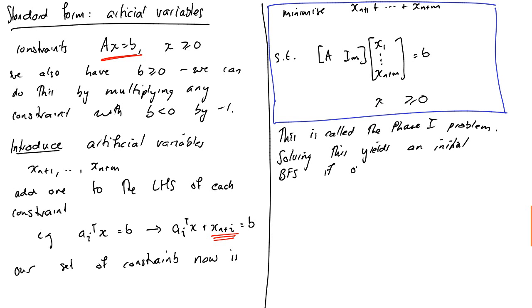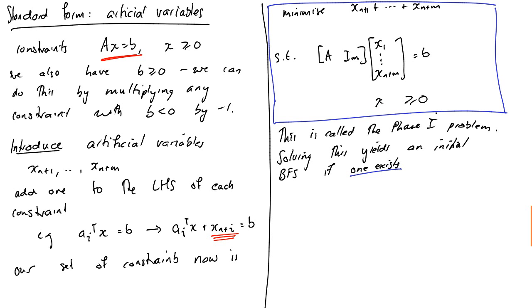Because if one exists, if we can find an x that satisfies the original constraints, that means we must be able to get all of these extra artificial variables to 0. If we can't do that, then there is no basic feasible solution to your original problem, or no feasible point. Okay?